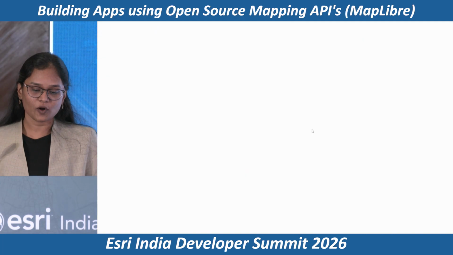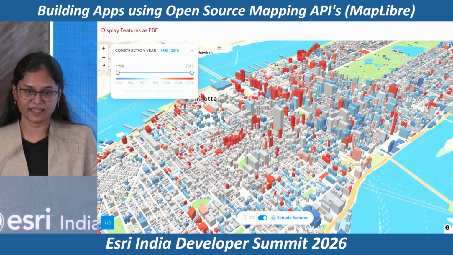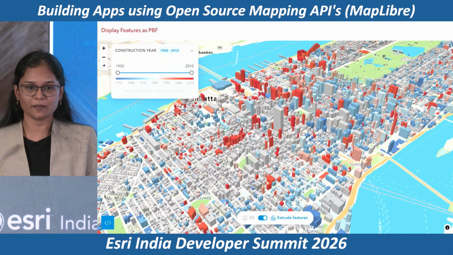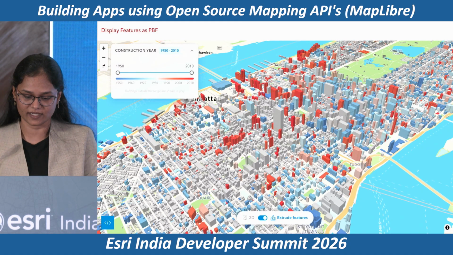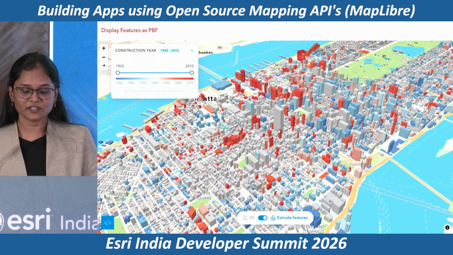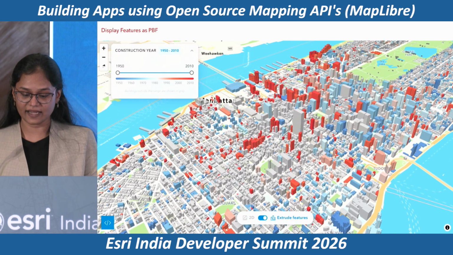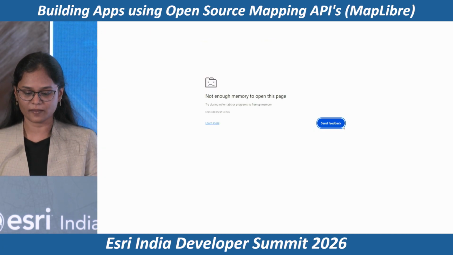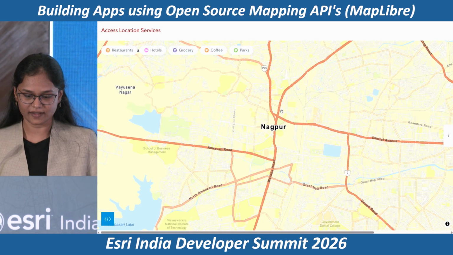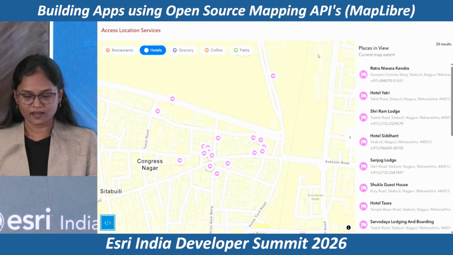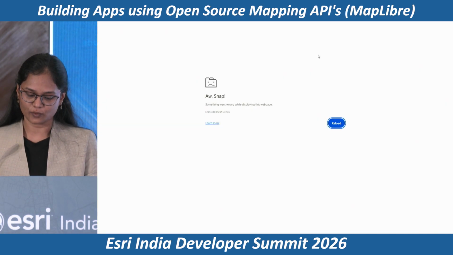Now that all the features are loading efficiently, I can take advantage of MapLibre's powerful visualization capabilities. So here I am extruding the buildings based on their height and further styling them based on their construction year. All with just a few lines of code.